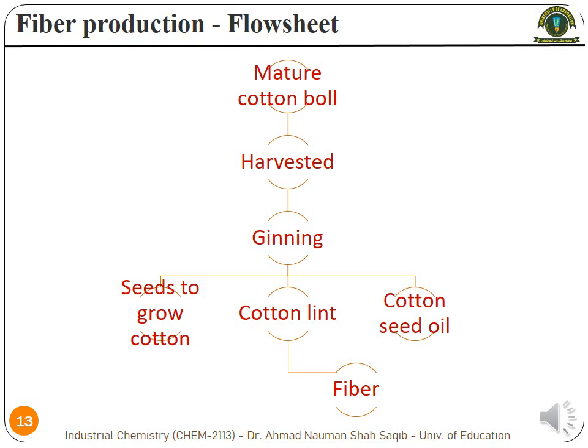One is the cotton lint, which is further used for making fibers, and then for preparation of fabrics, and the remaining we get are the seeds and the waste materials.